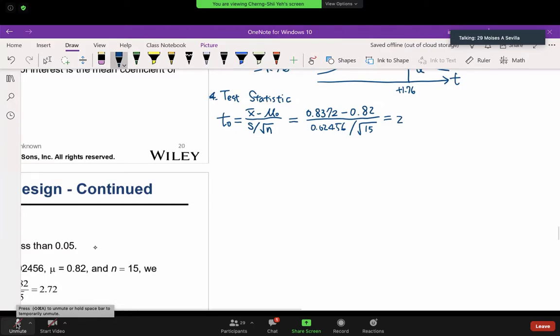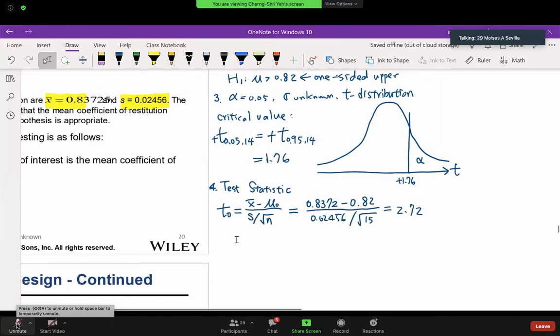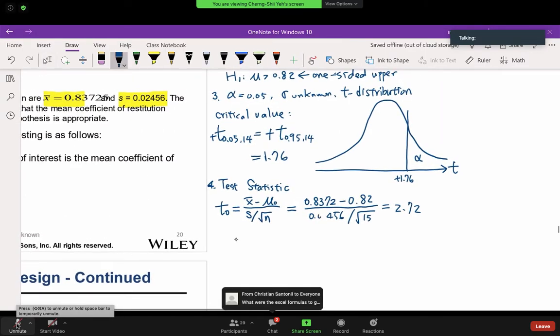Is that 0.62 or 0.02456? Right here, where your sample is at. Yep, it's a 0. Sorry.